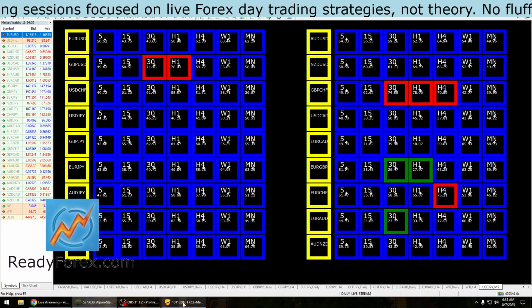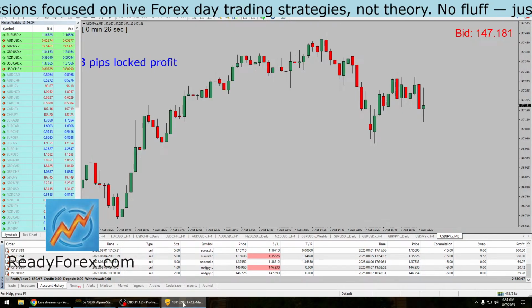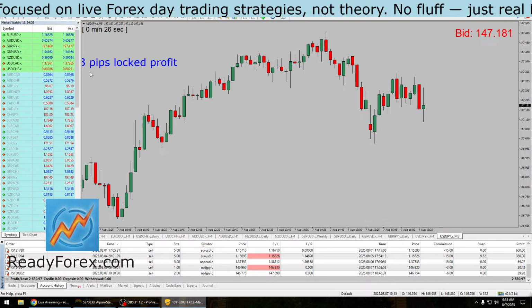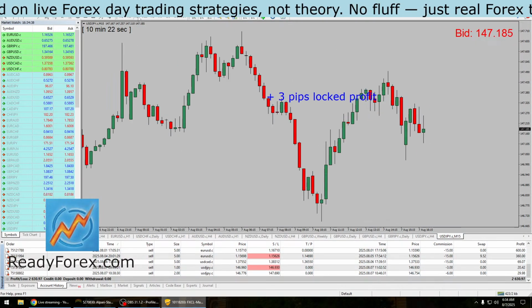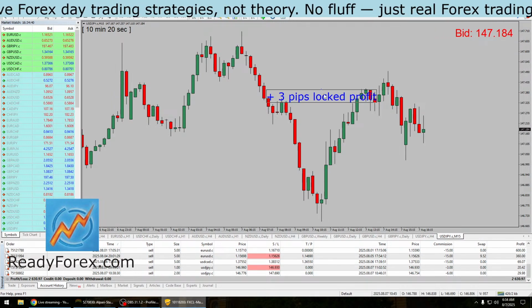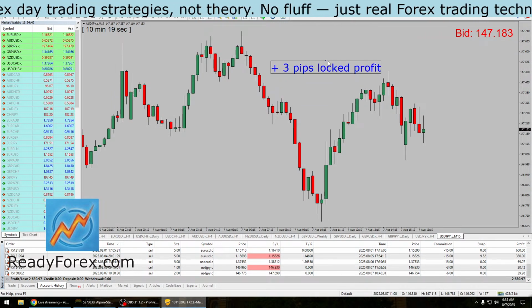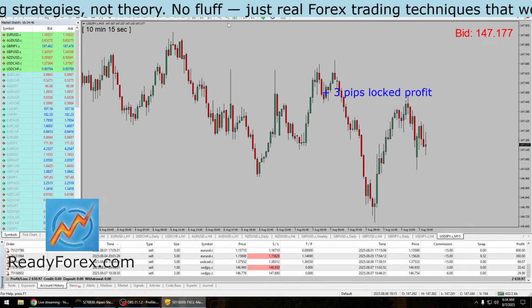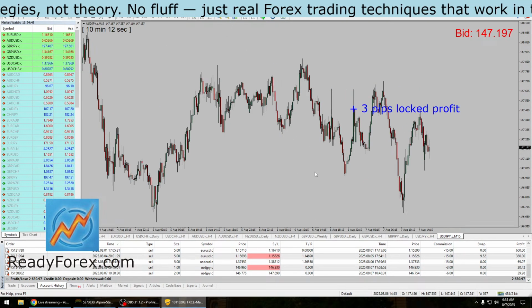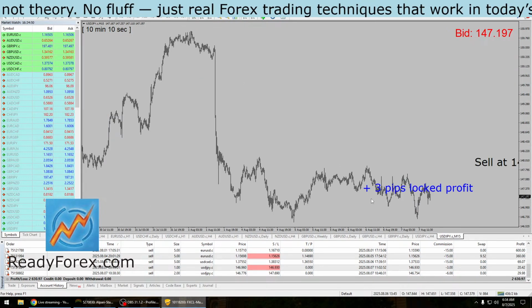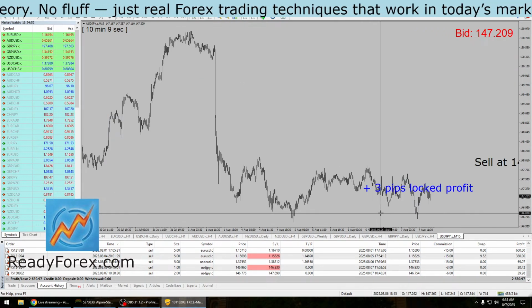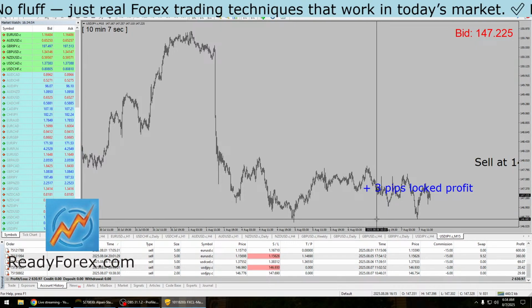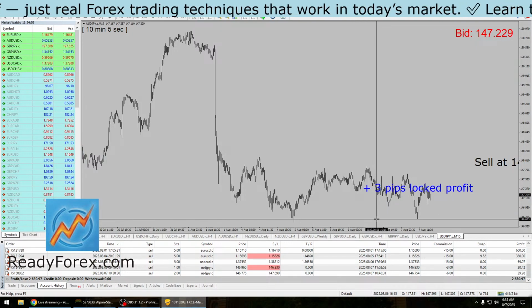Now let me first talk about the trade. Right over here I took a sell trade in US dollar versus Japanese yen currency pair, if you guys remember, and the market took out the protective trailing stop. So the trade is now closed with a 3 pips profit, and I am out of the market now.